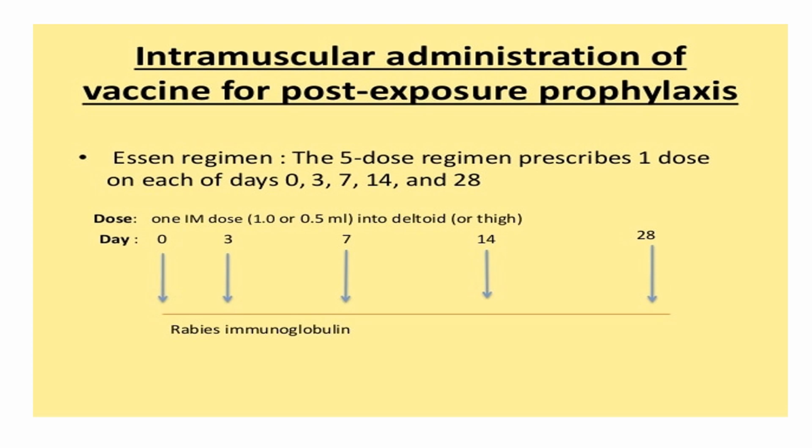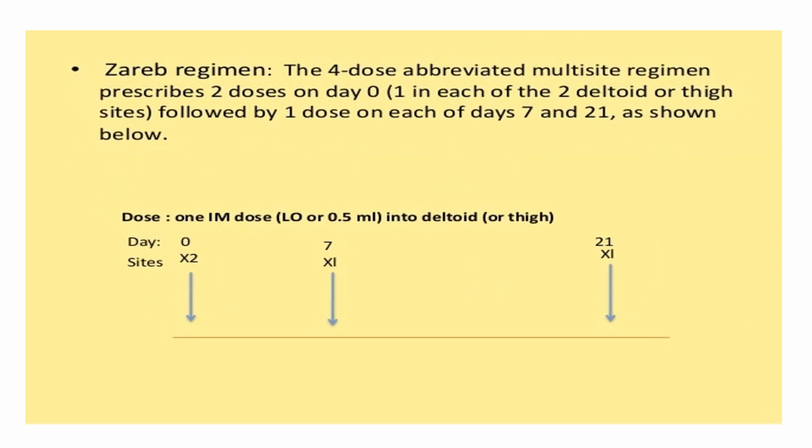So dose 1 is on day 0. It is usually 1 ml and is given in the deltoid or in the anterior part of the thigh. If it is intradermal, it is a much lesser dose, that is 0.1 ml.